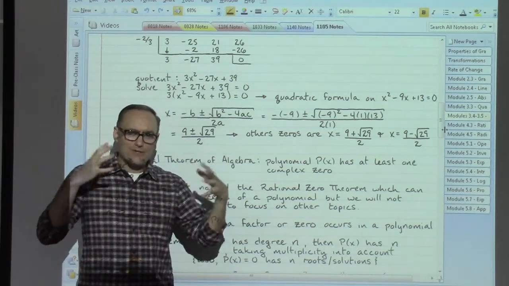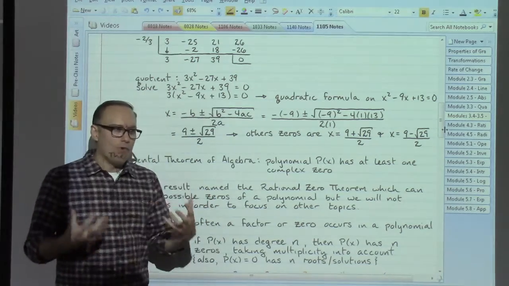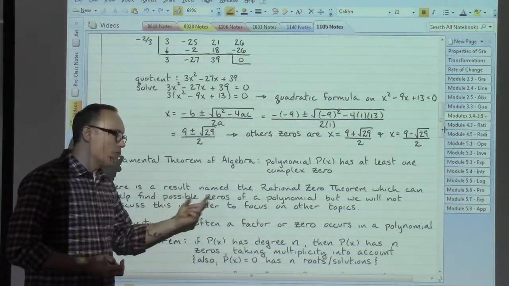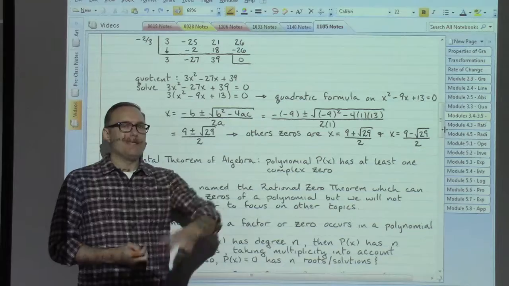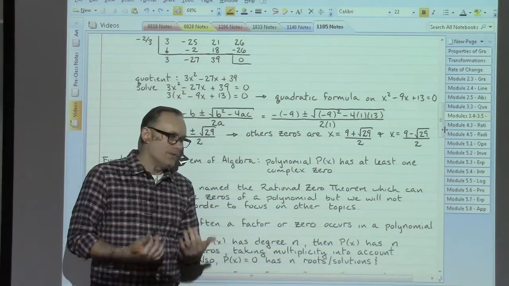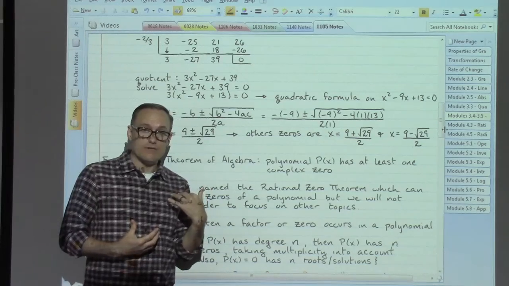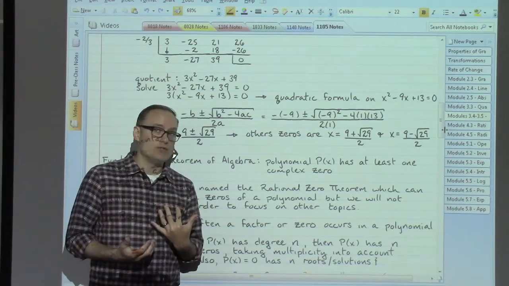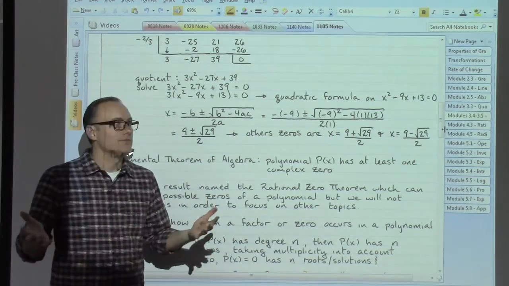The more factors that there are, the more different possible zeros we might have. Again, if we had a bunch of these that we were trying to test out, then synthetic division would be the nice way to try to do that, because long division is long.